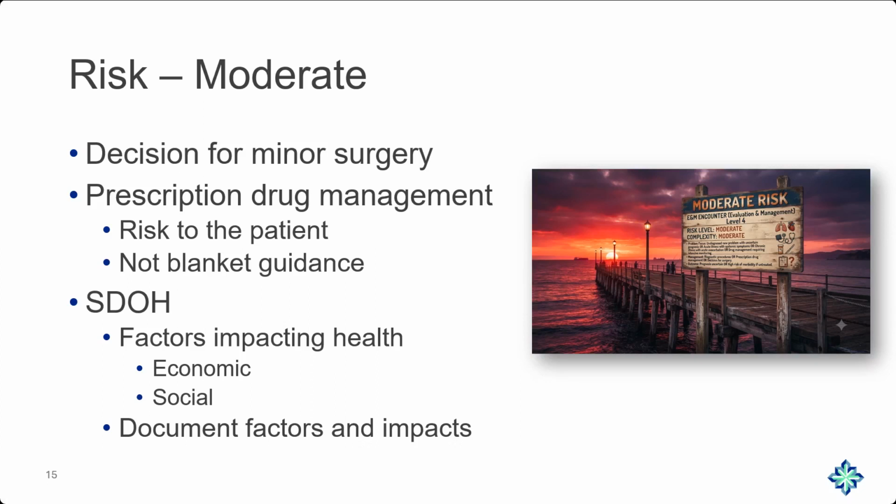That absolutely can be considered and can bump up that risk, but you have to show what that limitation is going to be. You have to connect the risks to what's going on with that patient and their care plan. So make sure that information is documented. That's really going to help you identify that as a moderate risk. It's going to support it on a review.